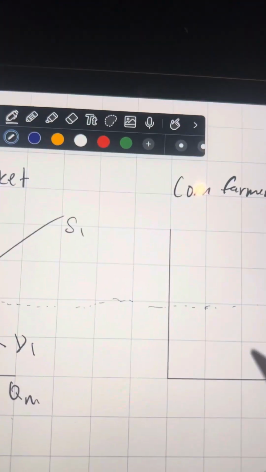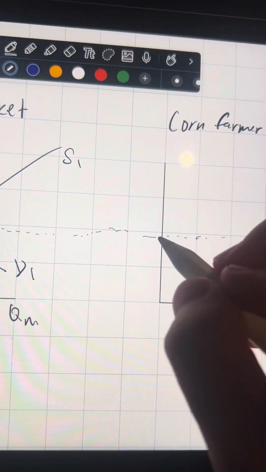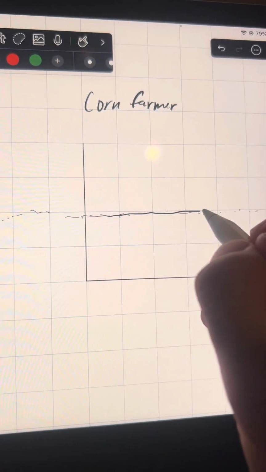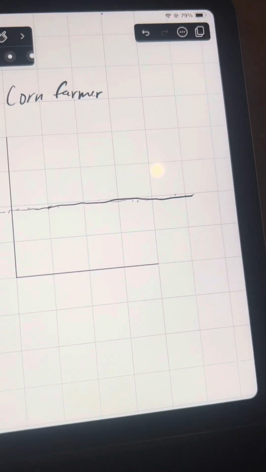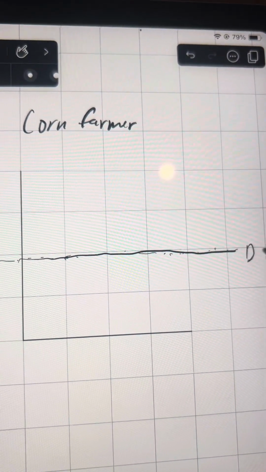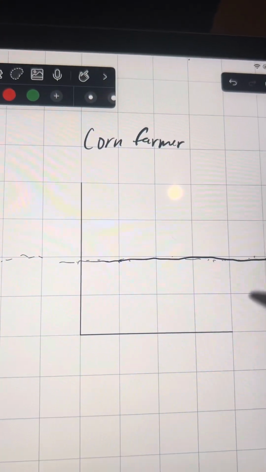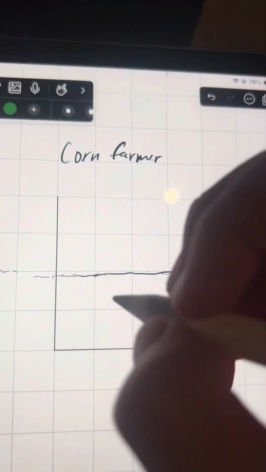And then this dotted line from earlier, that price, basically gonna solidify that, make that the demand curve, label that as demand. And then we are going to draw our MC curve, marginal cost.